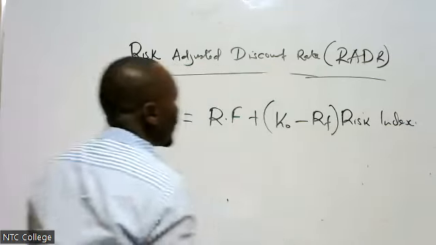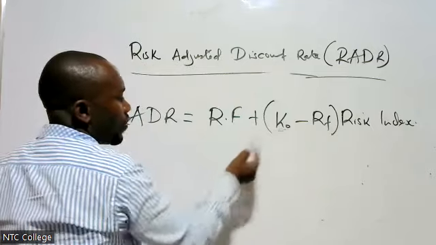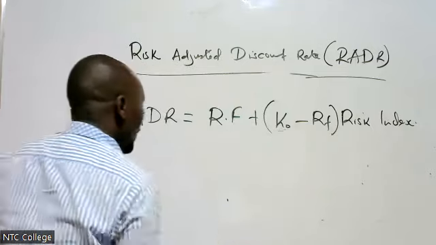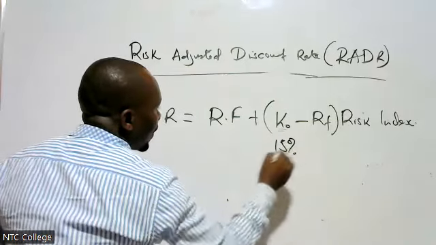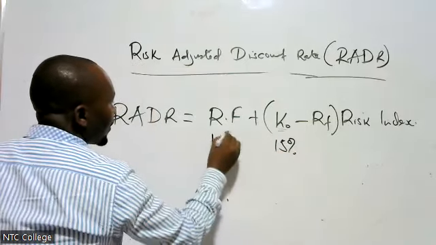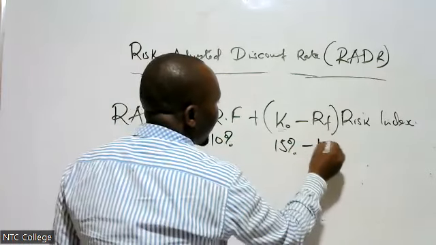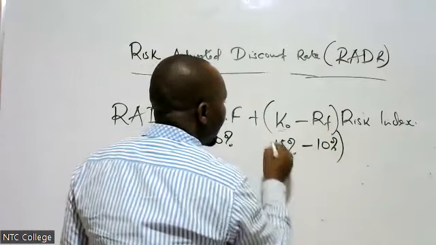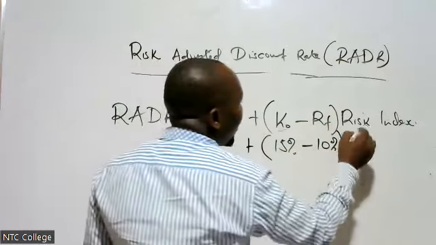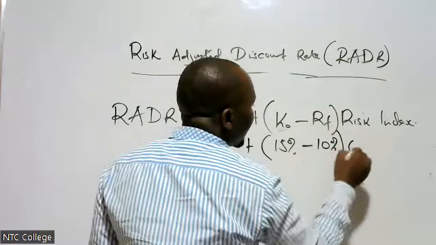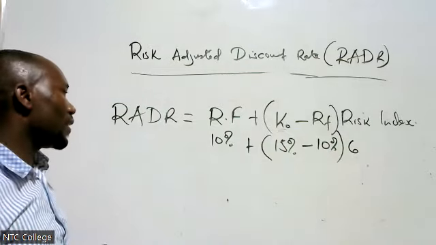What are we saying? This is the same as cost. Cost of capital is called KO. So this cost is like 15%, and the risk-free is 10%. And let's say the risk index in that business is maybe 6 or 5, or even 2 or 0.1.